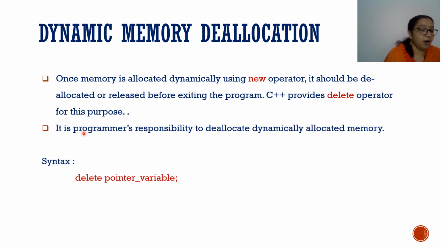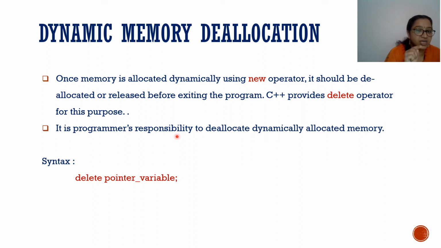See the important point: it is the programmer's responsibility to deallocate dynamically allocated memory. But in static allocation, the deallocation is done by the operating system, not by the programmer, because it is created at compilation time, and only when the program ends or the system is switched off will the memory be deallocated.